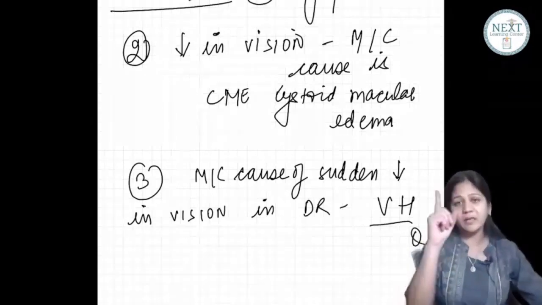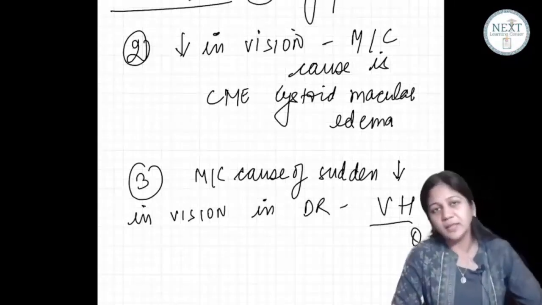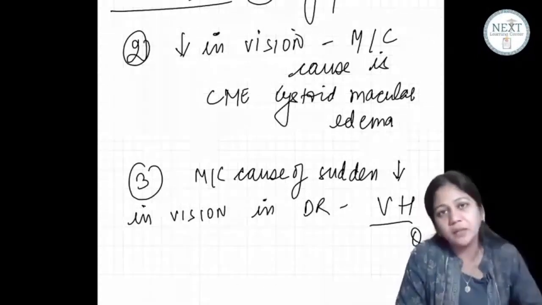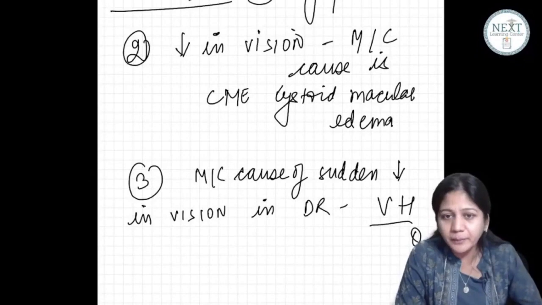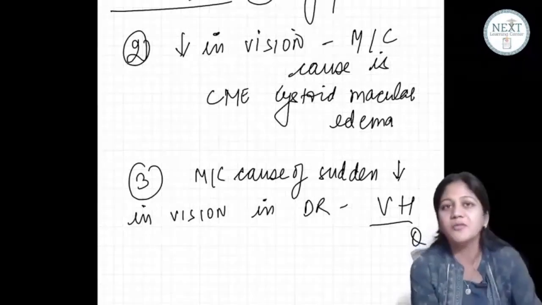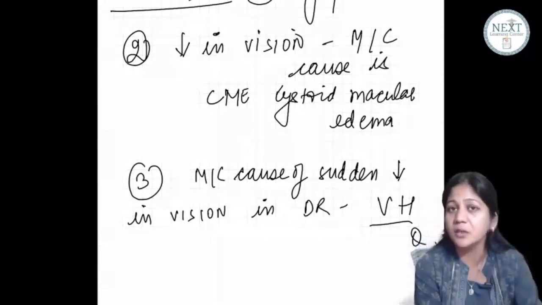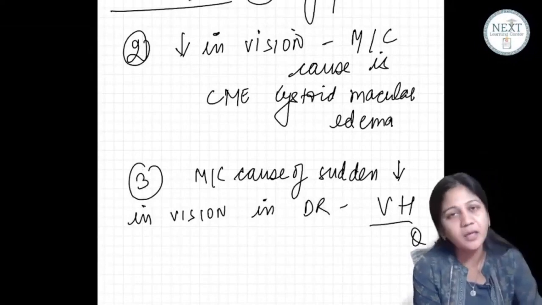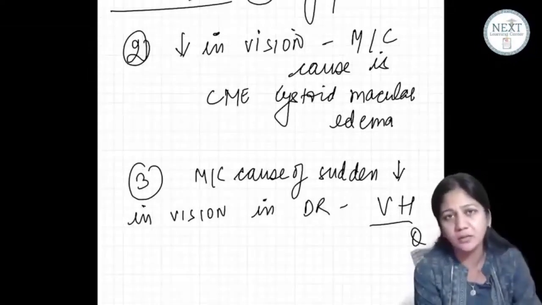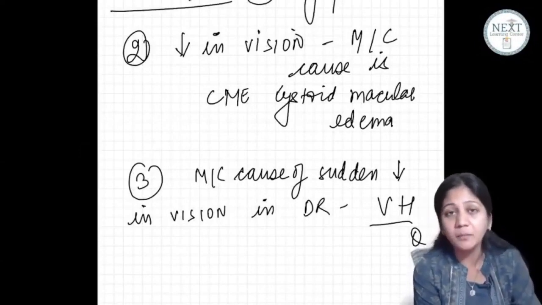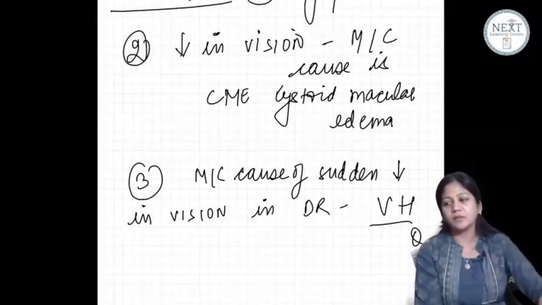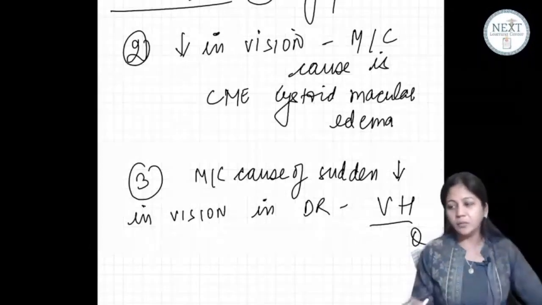Sudden decrease. भाई हो सकता है ना, the diabetic retinopathy patient doesn't have any symptom. He went into the stage of proliferation, and from the proliferative stage the new vessels bled. One fine day he came to you with a sudden decrease in vision. हो सकता है ना, पहले तो पता ही नहीं था कि डायबिटिक रेटिनोपैथी और अचानक ब्लीड हो गया. हो सकता है. ठीक है, that is a very very important question.